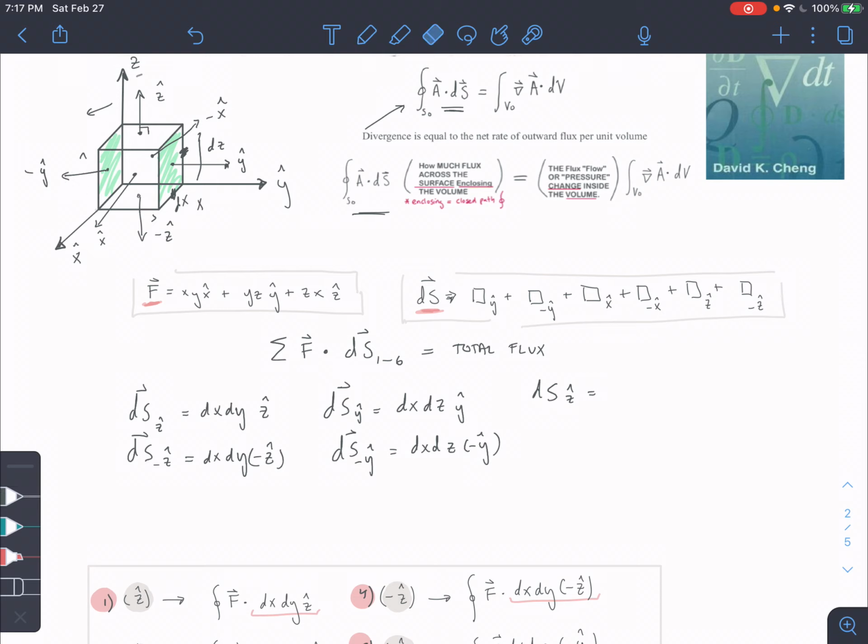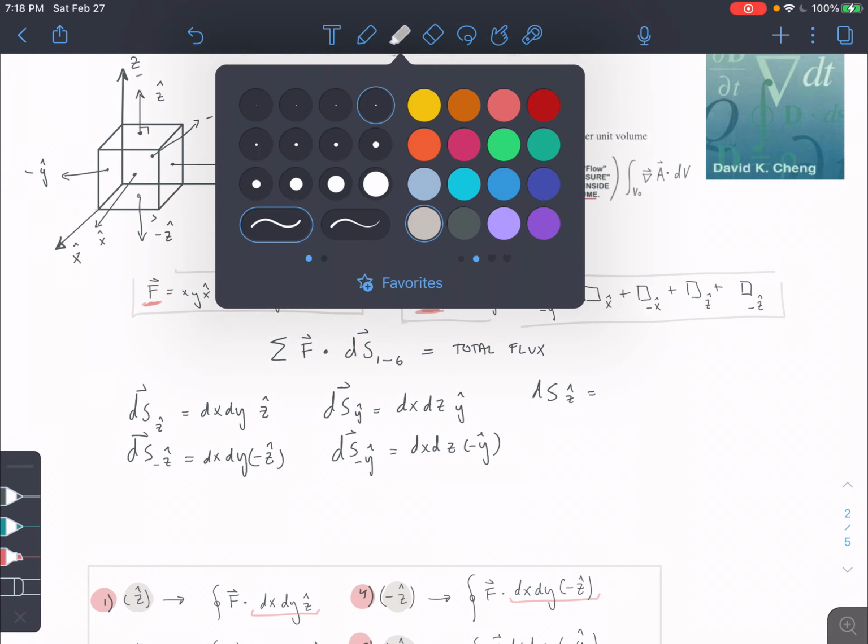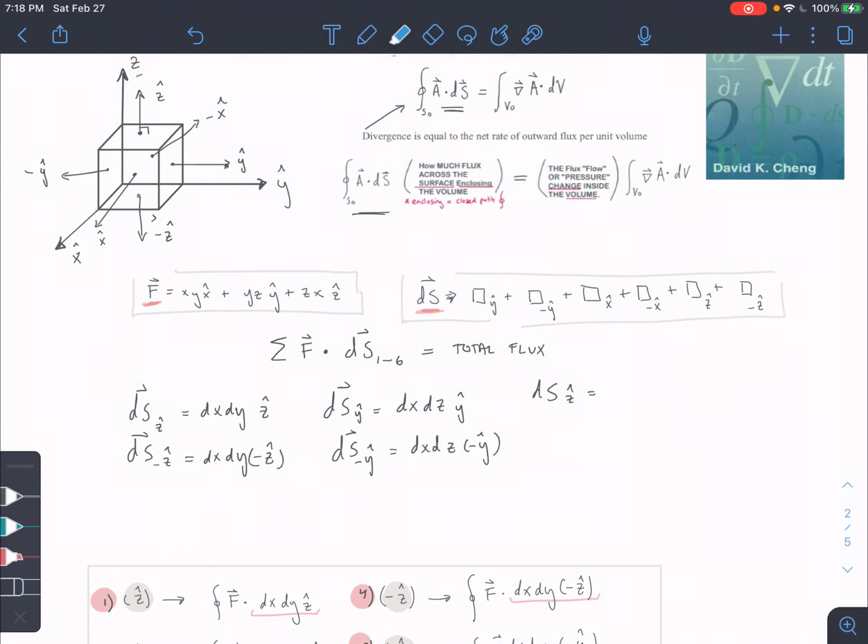Then for our x's, let's go ahead and look at those guys. Let's look at our z sides. Let me get a different color. So for our positive z side, we're looking at our change this way. What is our change this way? We have dy, because this is moving in the y direction. And then we have dx, because this one is moving in the x direction.